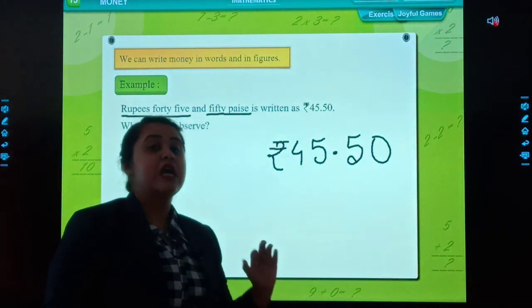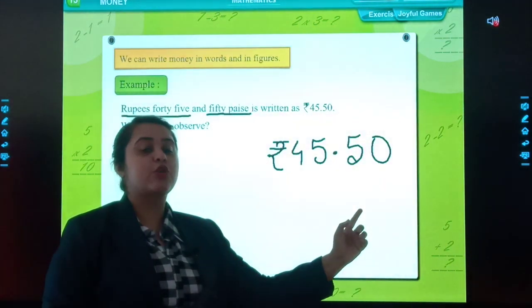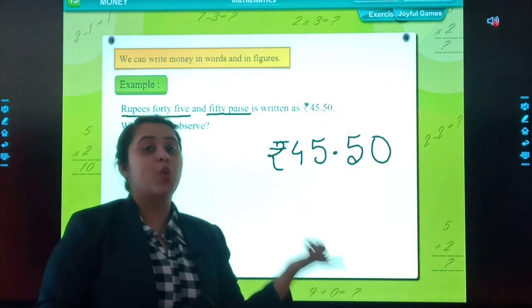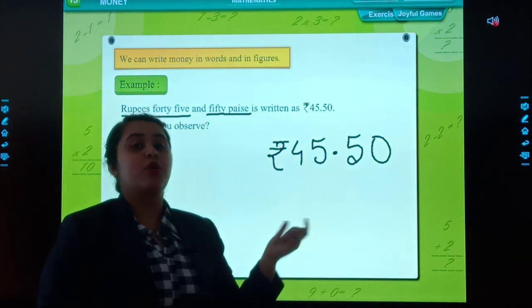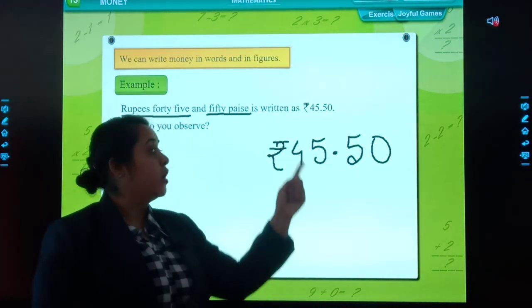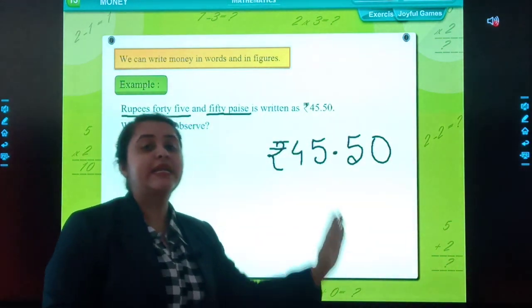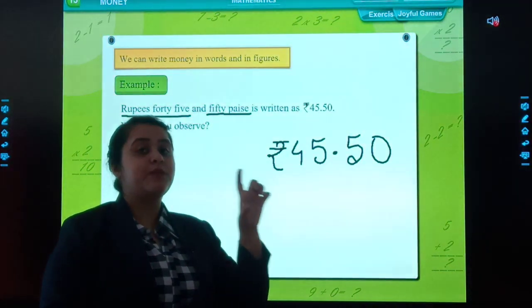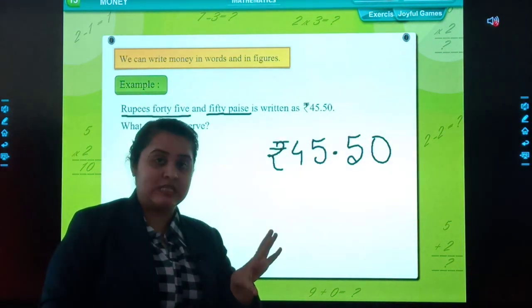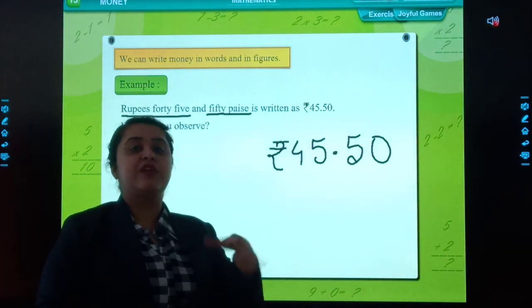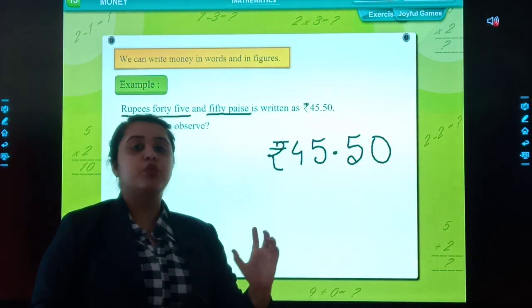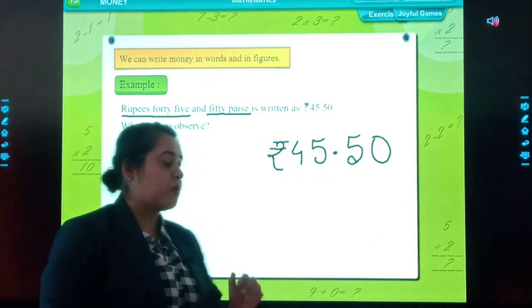If it is rupees and paisa, you can say 45 rupees and 50 paisa. But when you only say numbers, you have to say 45.50. After the decimal, we will pronounce that number as it is. We will not say 50, 40, 30. No. 5024. Understood students?